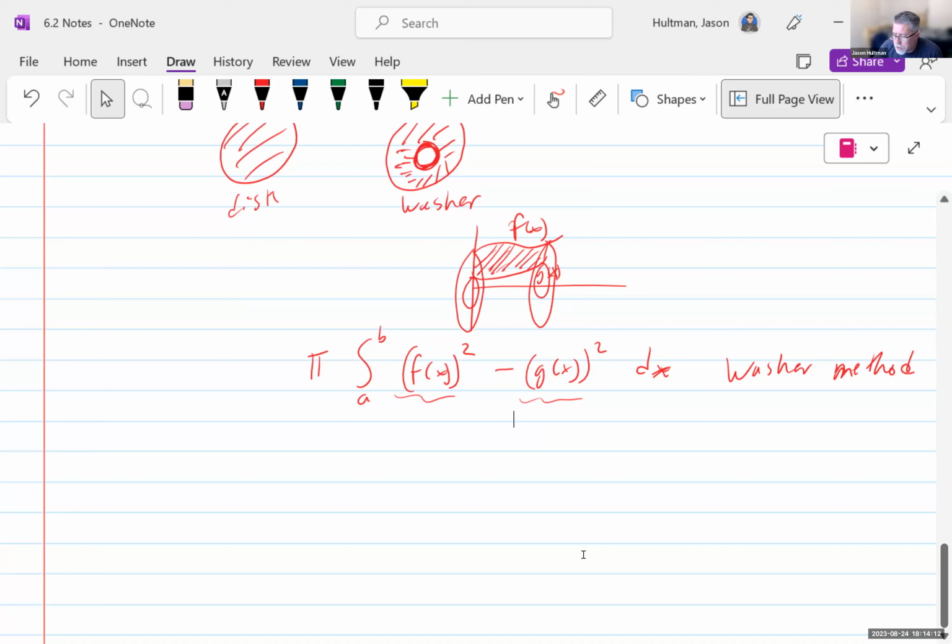My diagrams aren't as good as the ones in the book, but they'll suffice. Just think of it like this. Think of it as we had some function that goes like that.